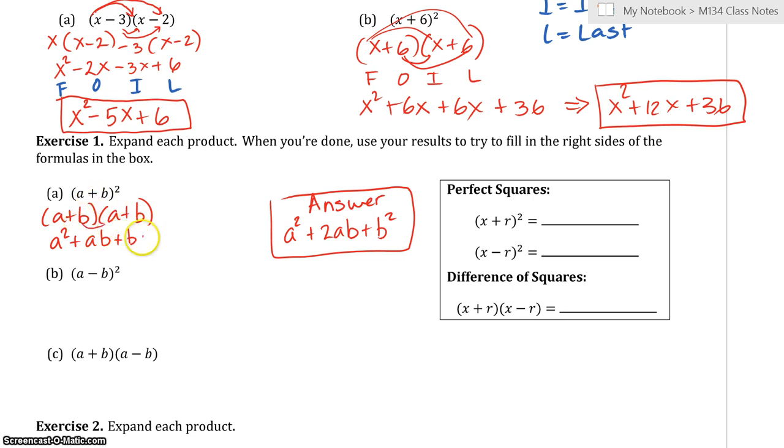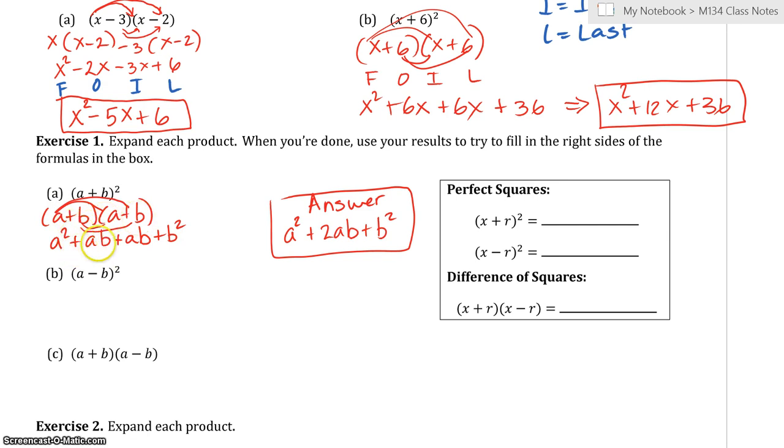You could write this as ba, or you can write it as ab because multiplication is commutative, so it really doesn't matter. So I could write it like that, or if that confuses you, you can always write it in that order. That's how I got the 2. And then the last, that would be b squared. So first, outer, inner, last.